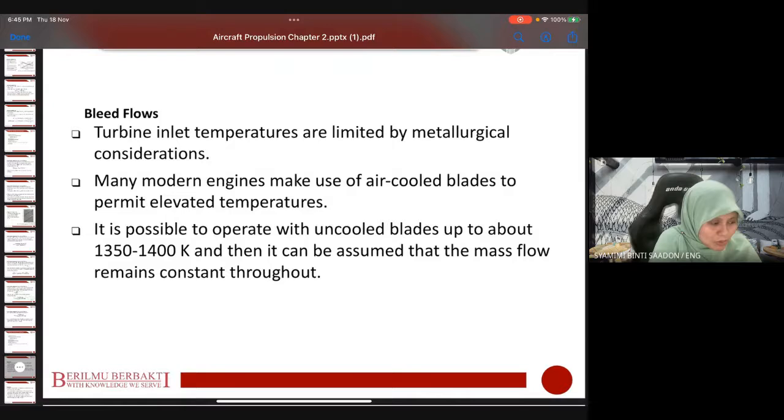It's possible to operate with uncooled blades up to about 1,000. So using these modern cooling blades, we are able to use a turbine inlet temperature of around 1,300 or 1,400 Kelvin.